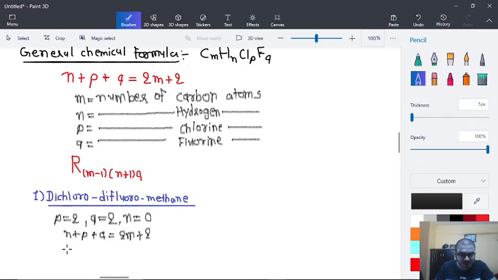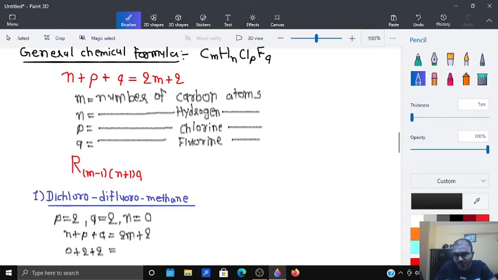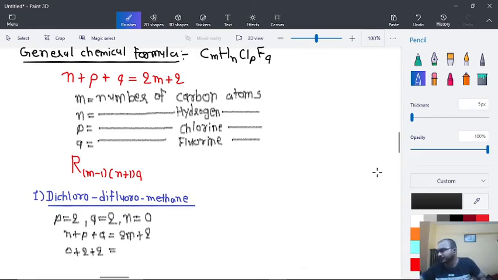So here N is equal to 0 plus 2 plus 2 is equal to 2M plus 2.